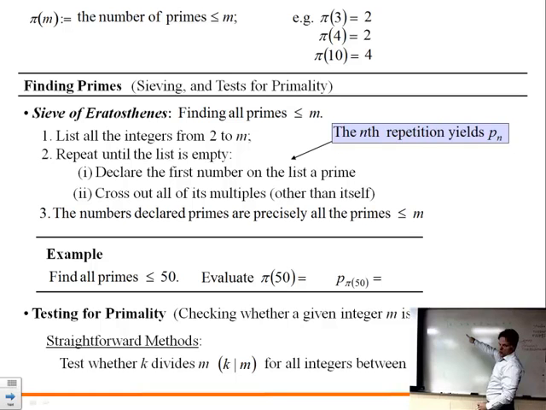So these are the ones digit, and these are the tens digit. Go up to 80, I guess.